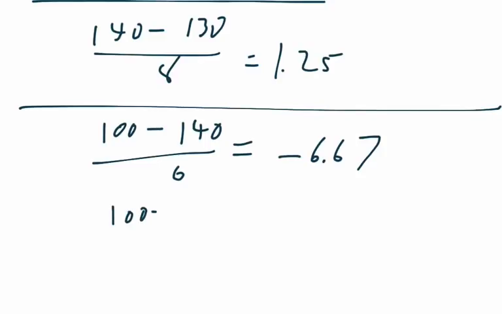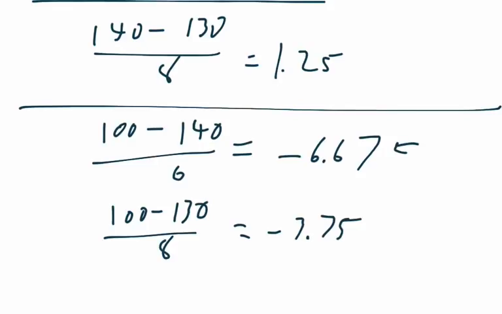And 100 minus 130 divided by 8 turns out to be negative 3.75. And this would be considered unusually low. This is also fairly low. So I think we should both be concerned and make sure that everything's okay. And that's it for z-scores.